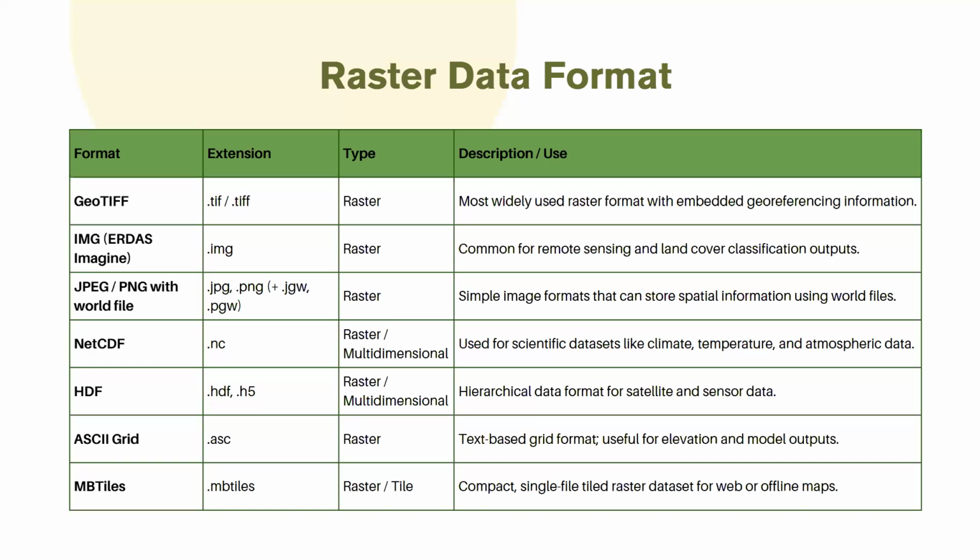ASCII grid is a simple text-based raster format, where each cell value is written as text, like rainfall data. Each and every pixel cell is written in text. It is often used for elevation data or hydrological modeling. Really, I have not used all this data much earlier, but I've learned this.